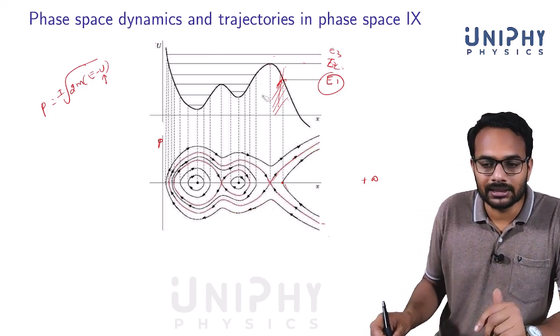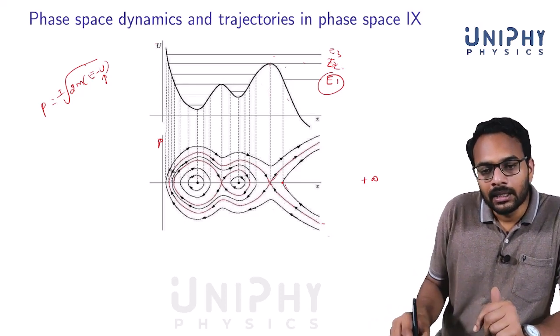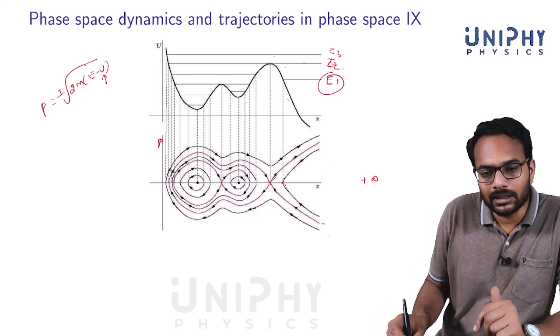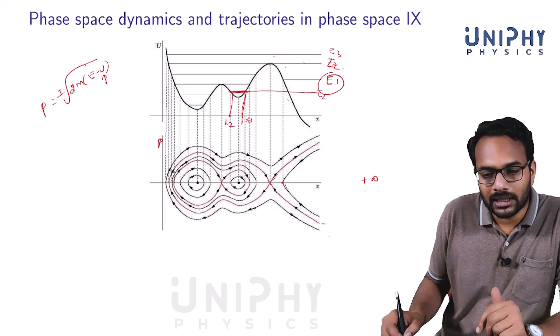Similarly, let's look at some other region. This is a general curve, just to illustrate the idea. Now let's look at this part. This corresponds to some other energy, and it's already within this region, between, let's say, x1 and x2. What happens corresponding to that?